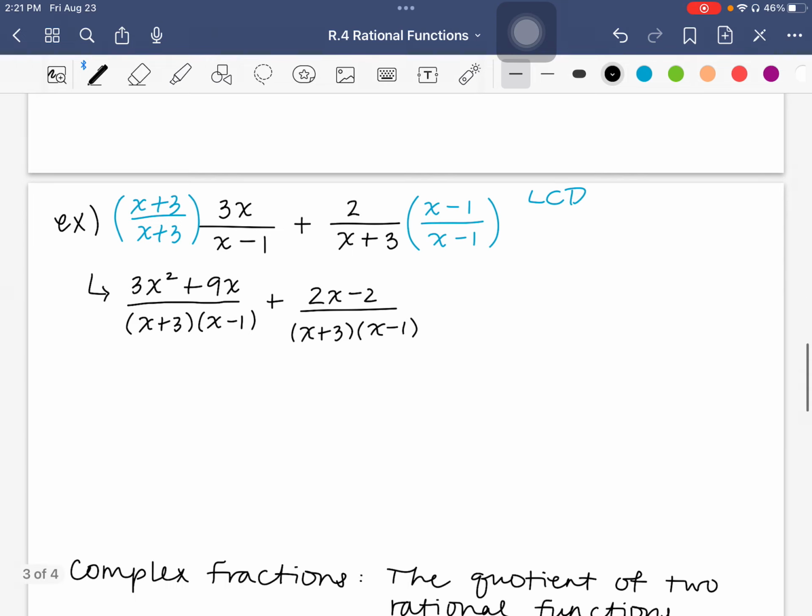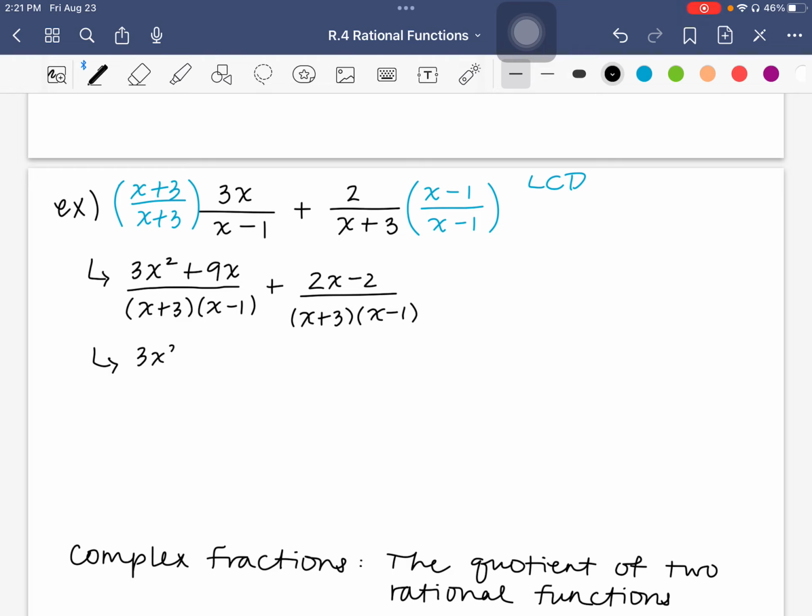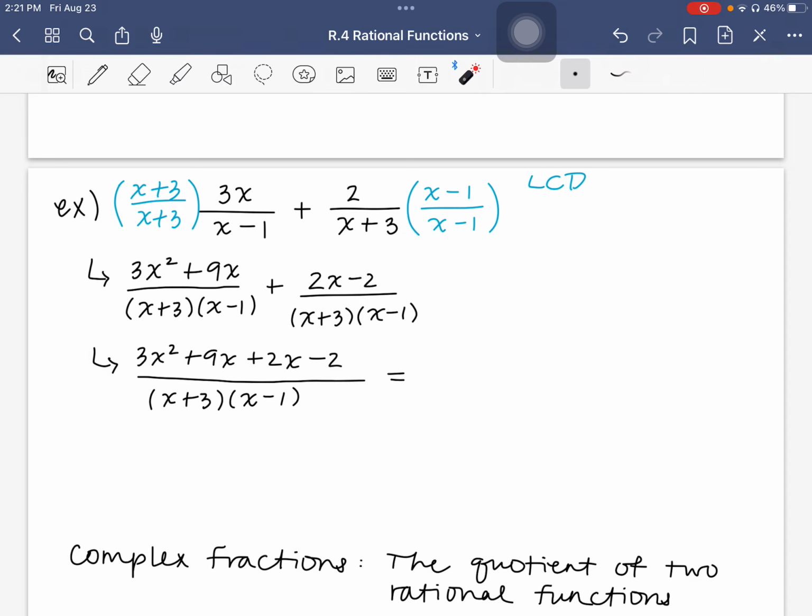All right, now that everything has the same denominator, we can just add straight across. So we have 3x squared plus 9x plus 2x minus 2 all over our common denominator. And then simplifying a little bit further, the only like terms that we can combine are this 9x and this 2x.